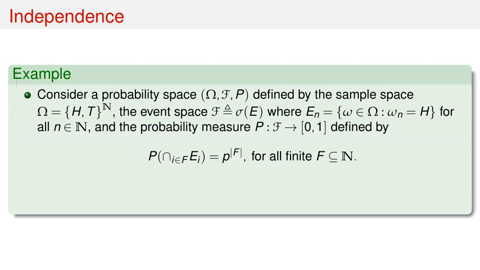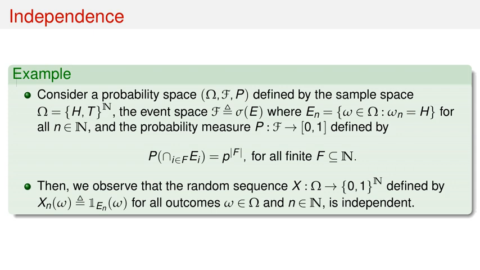Consider the probability space Omega, script F, P with Omega equals the set {H,T} to the N, script F equals sigma of E_n, where E_n is head on nth toss, and P defined by P of the intersection for i in F of E_i equals p to the cardinality of F for finite F. Then the random sequence X from Omega to {0,1} to the N defined by X_n of omega equals the indicator of E_n is an independent random process, a sequence of IID Bernoulli(p) random variables.